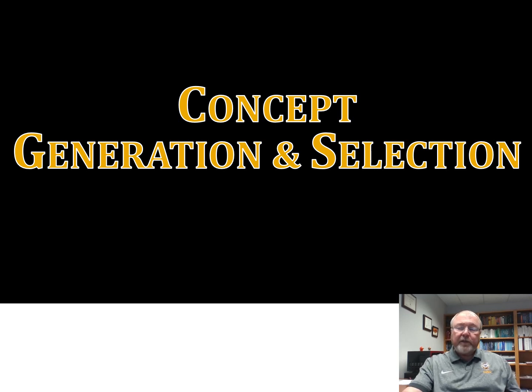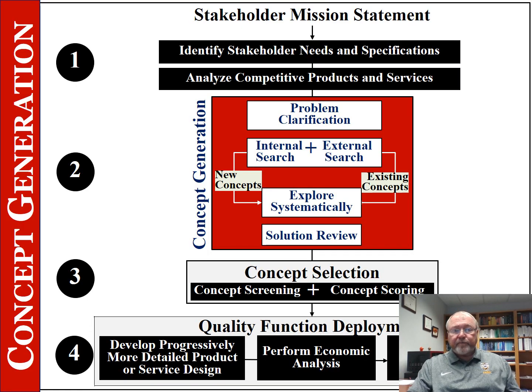Okay, let's look at an illustration of concept generation and selection. You've seen concept generation in a separate video if you've been watching some of these videos, and the same with concept selection. Let's just get sort of a redo on that, looking at a little bit of an example in any case. So all you're going to be looking at is this red box.